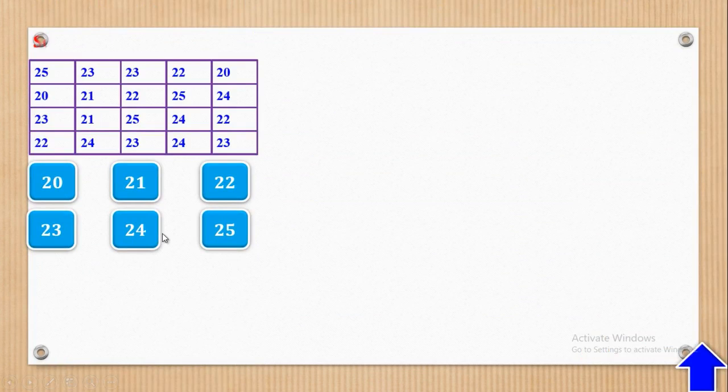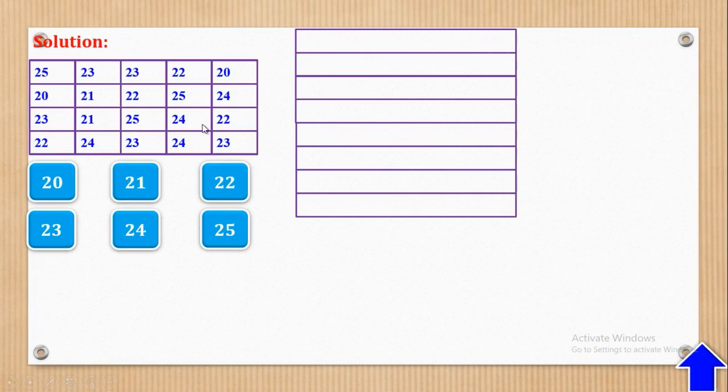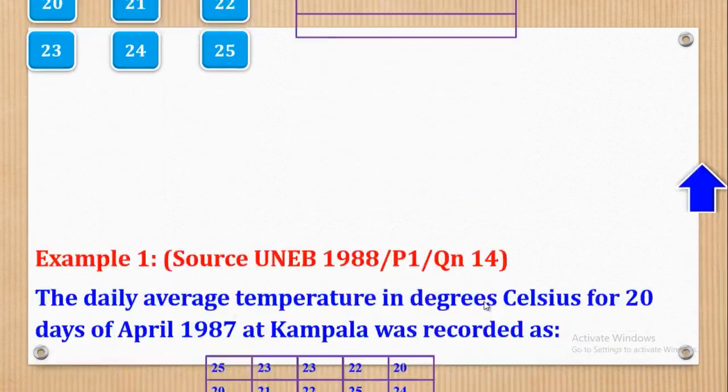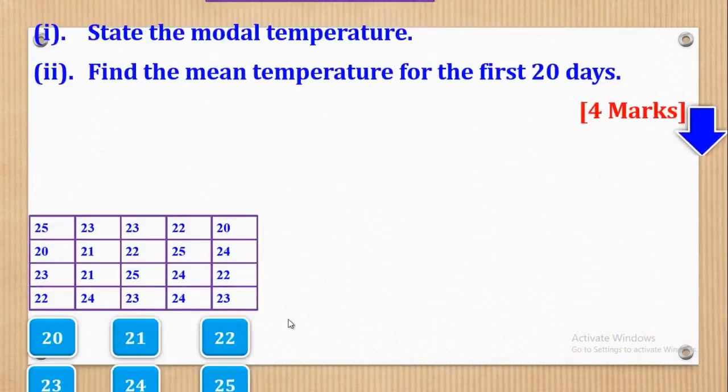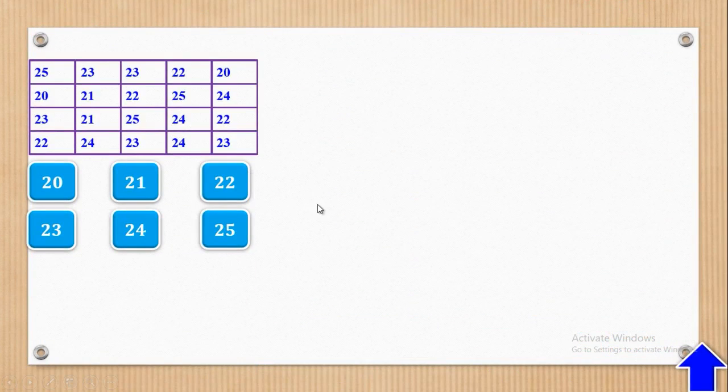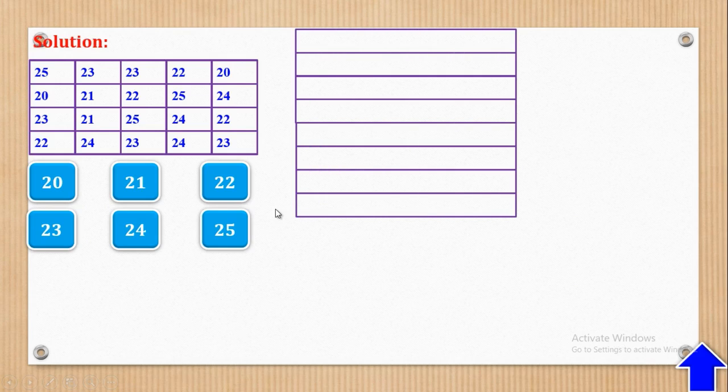So the first thing to do is to draw our frequency table. Now these are the very temperatures; I've just extracted them from this question. I think you can see this table is the very table here. The table shall have values of x.